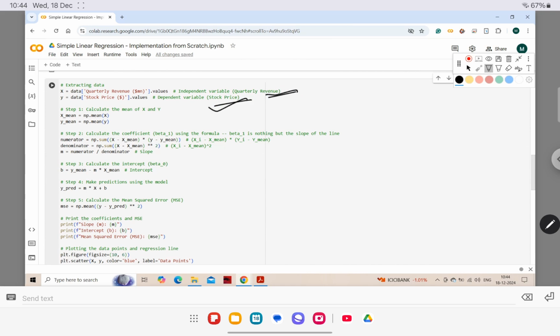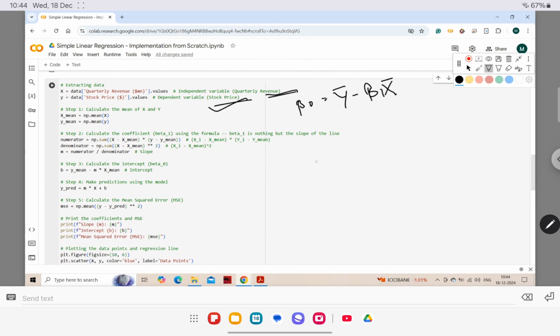Then, if you remember, what was the formula to calculate beta naught? It was y bar, that is the mean of y, the dependent variable, minus beta 1 times x bar, the mean of the independent variable.